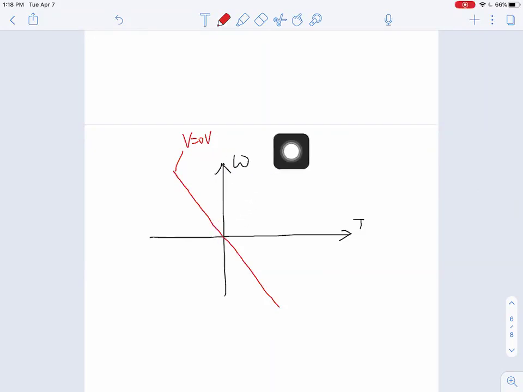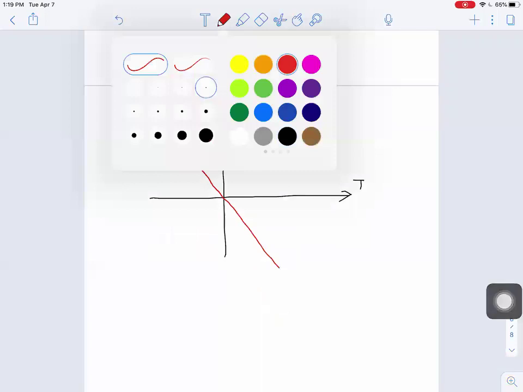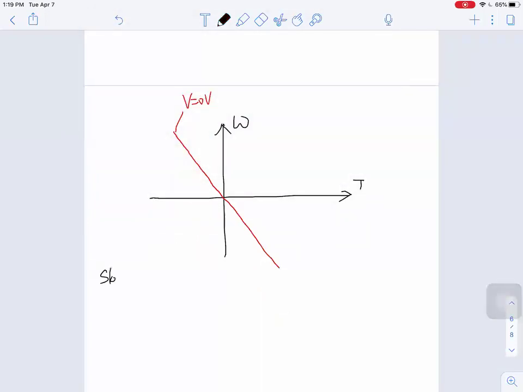On the upper right region, you will have all positive voltage. And below this line, in this region, you're gonna have negative voltage, right? Make sure you understand that. And the slope of this curve can be written as negative R divided by the torque constant square.